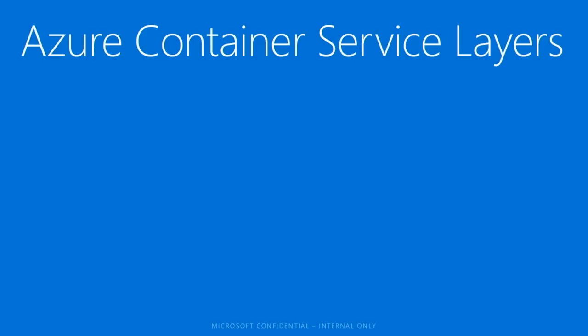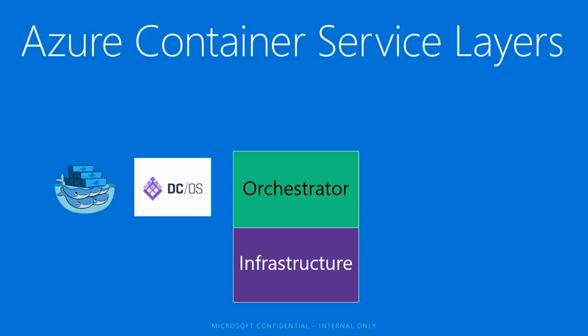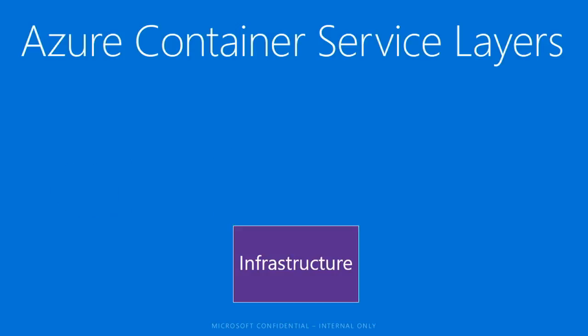So let's first have a look at what Azure Container Service is at a high level. You've got virtual machines and infrastructure; I think we're deploying Ubuntu 16.04 LTS as the virtual machine. We're laying down the virtual machines, the virtual networks, scale sets, load balancers, the whole infrastructure piece.